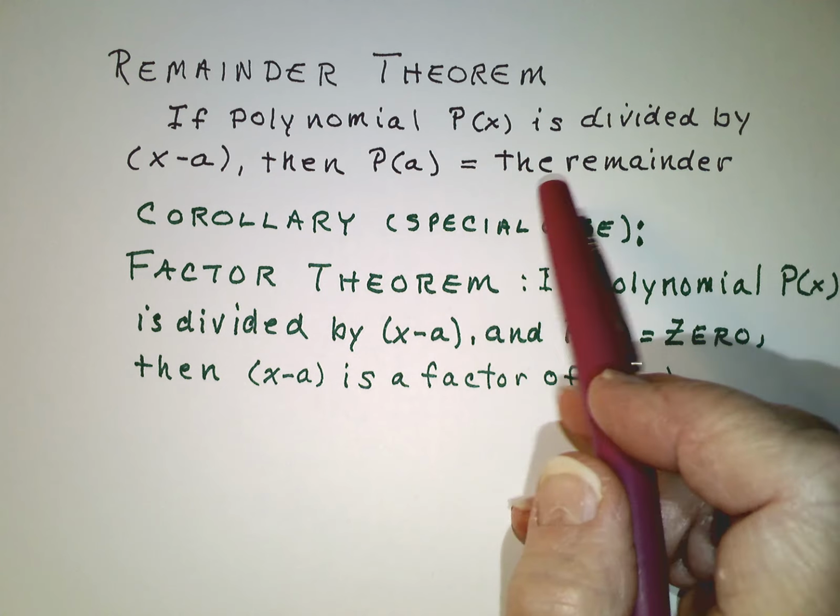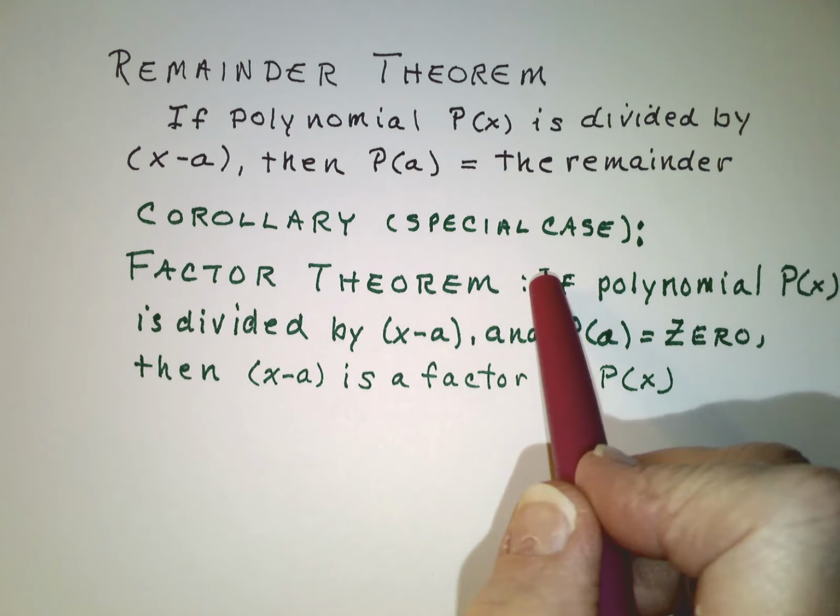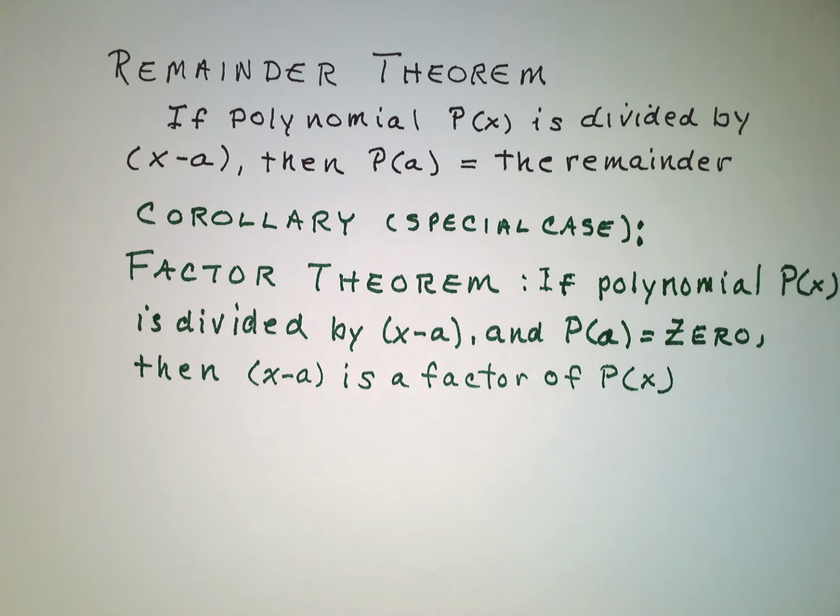Now you might think, who cares what the remainder is? Well, actually, we care more about what it isn't. If we're trying to factor, we don't want there to be a remainder. We want the remainder to be 0.